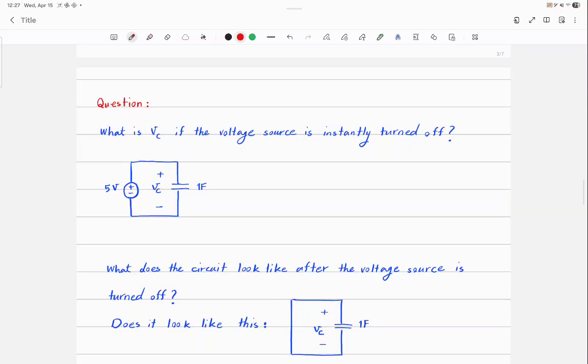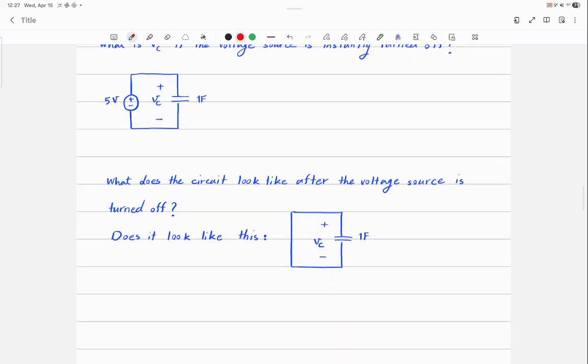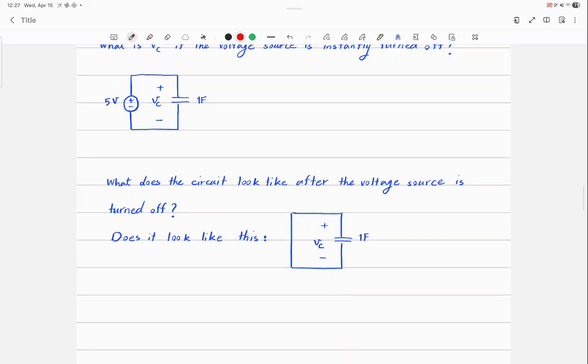So right after unplugging, it's going to be 5 volts again. So, very good. VC is equal to 5 volts right after unplugging.